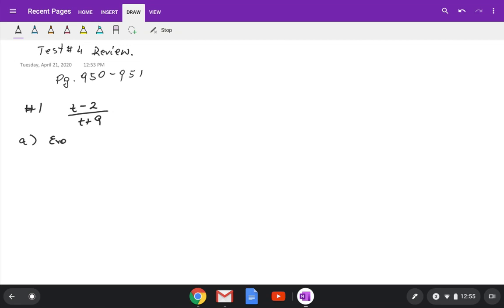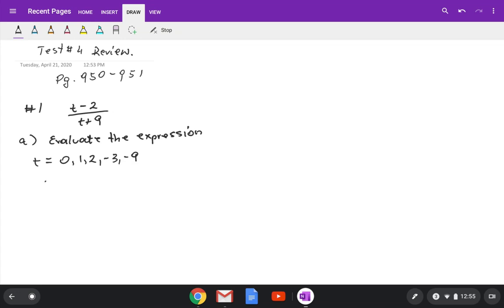So evaluate the expression, of course, if possible, and they give you t equal 0, 1, 2, -3, -9, and that's it. Okay, so I'm just going to do a couple of them.